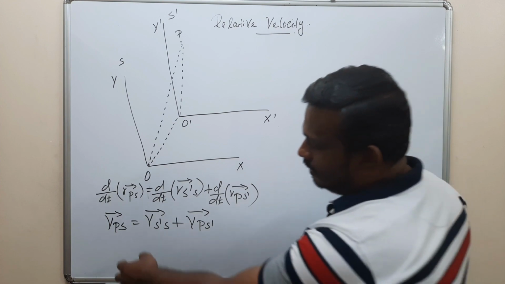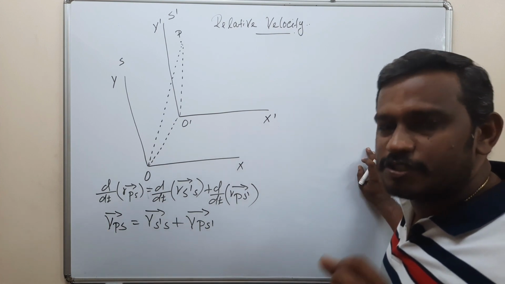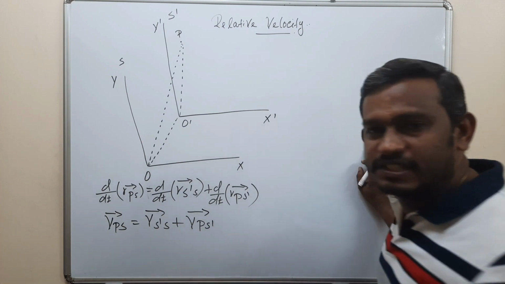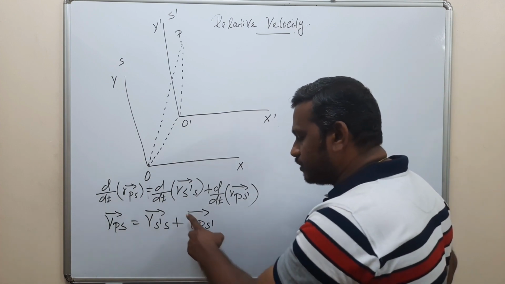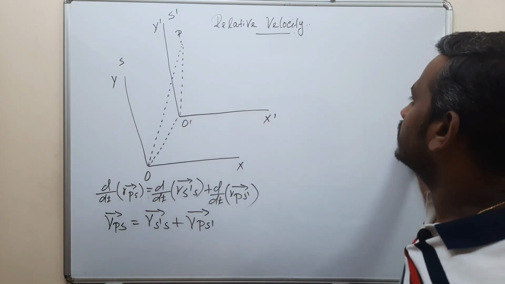So here v_ps vector is equal to the velocity of the particle with respect to the frame s. v_f'. s is equal to the velocity of the frame f' with respect to s. v_pf' vector is equal to the velocity of the particle with respect to the s' frame.